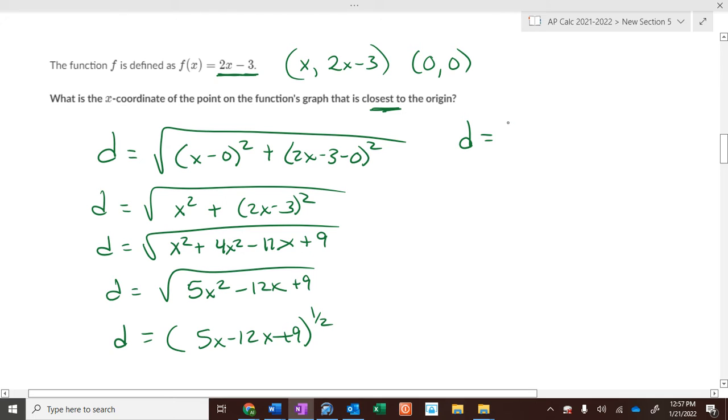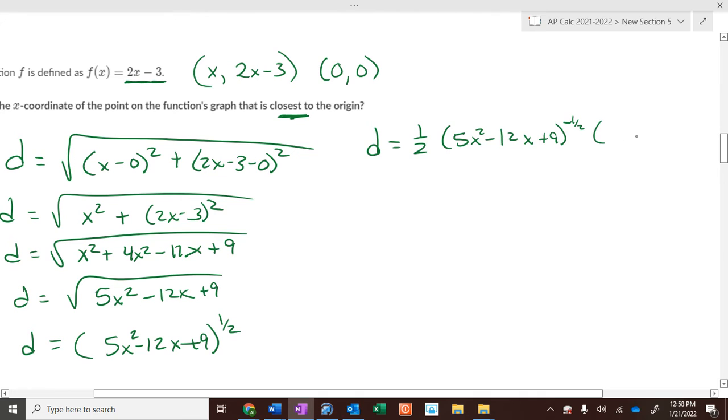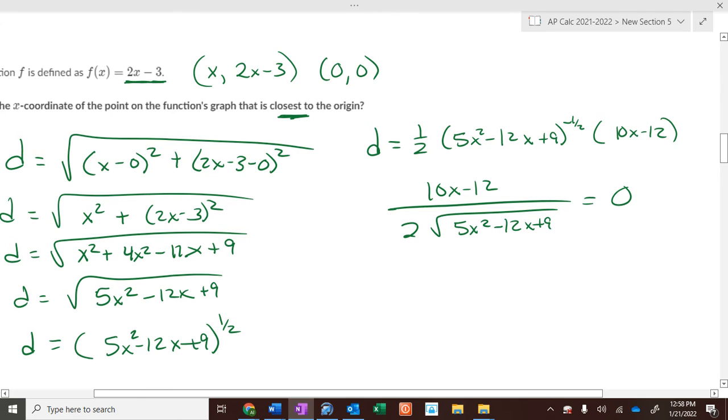How do you take the first derivative of that? Well, you do 1/2 times 5x squared minus 12x plus 9 to the negative 1/2 times 10x minus 12. So what am I going to get? I'm going to get 10x minus 12 over 2 square root of 5x squared minus 12x plus 9 equals 0.